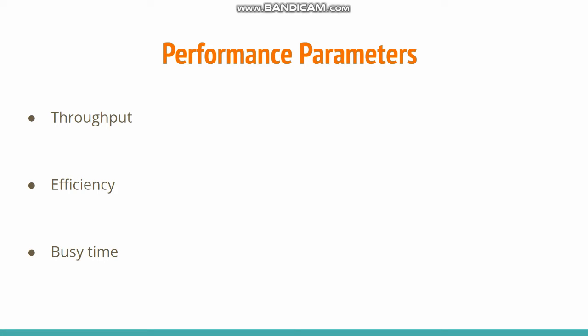Now, the performance of the network can be better analyzed through several parameters. One of the most important ones is throughput, which basically means the number of successful transmissions that we have and the total amount of data that we could send successfully.